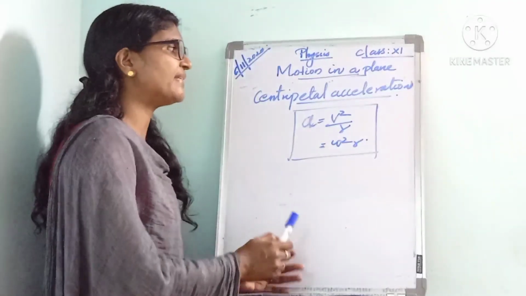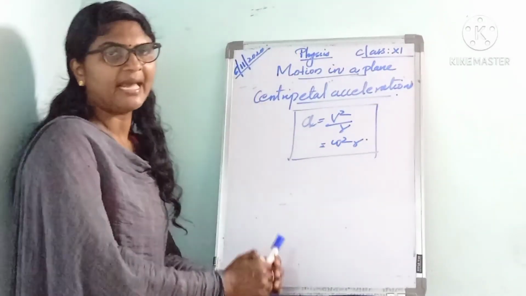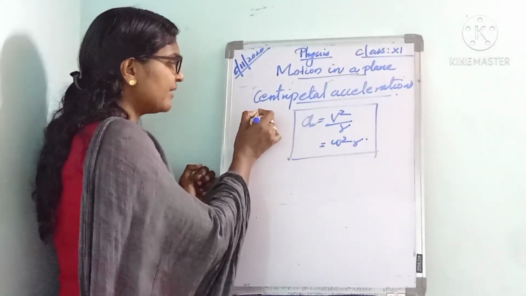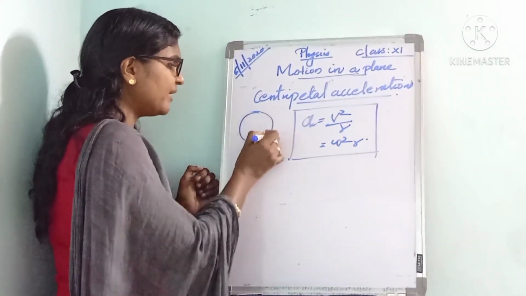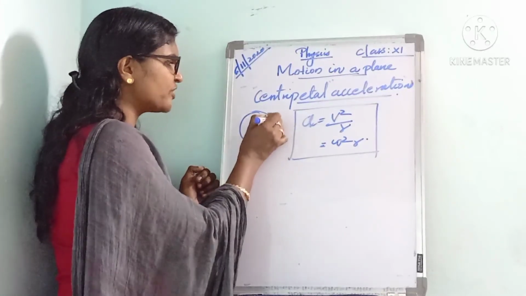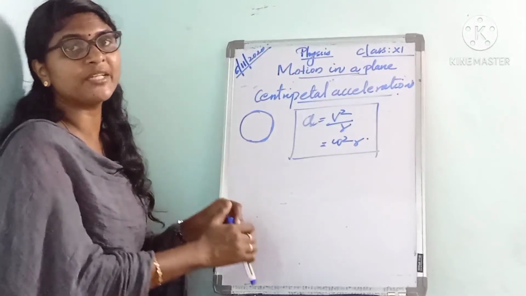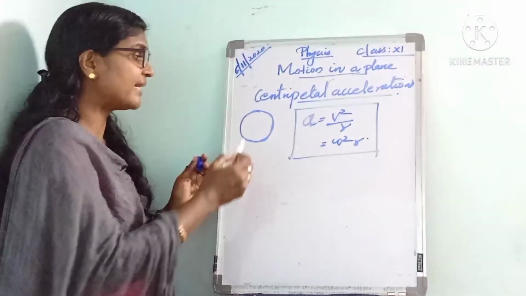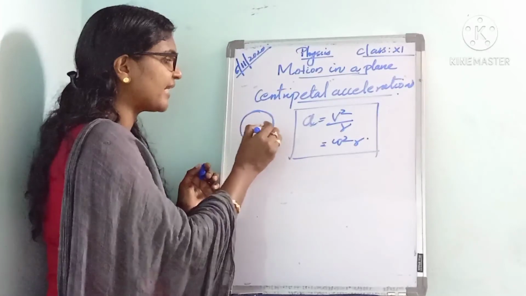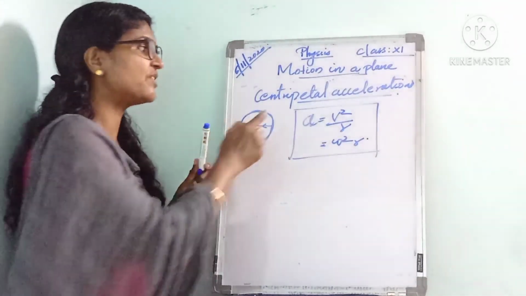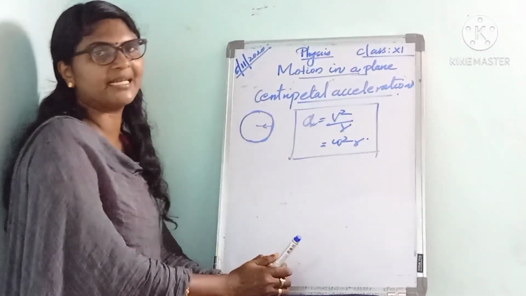Next, centripetal acceleration. When an object is in uniform circular motion, the speed remains constant, but due to the change of direction of motion, the velocity changes and an acceleration is produced. This acceleration is always towards the center along the radius of the circular path, and it is called the centripetal acceleration.